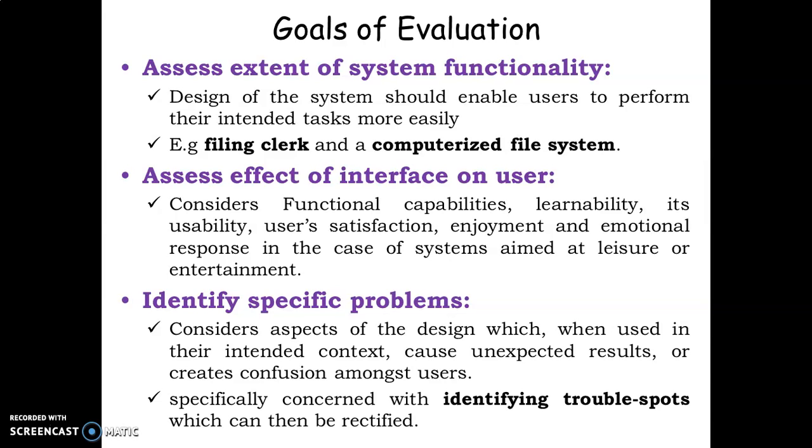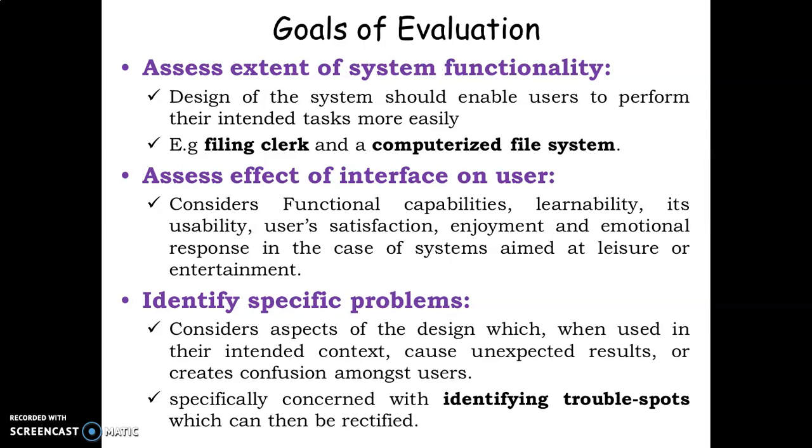This is mainly concerned with the design of the system, which should enable the users to perform their intended tasks more easily. This means that the system functionality is important as the design of the system should enable the users to perform the tasks which they are expecting to do. This includes making the appropriate functionality available within the system and reachable by the user.